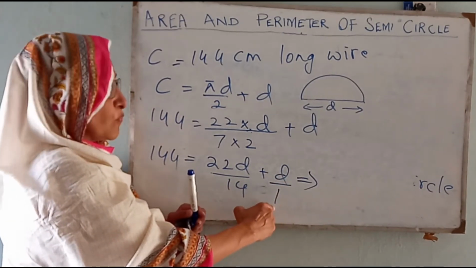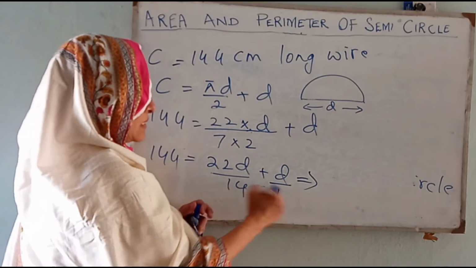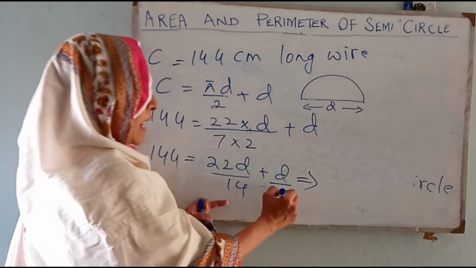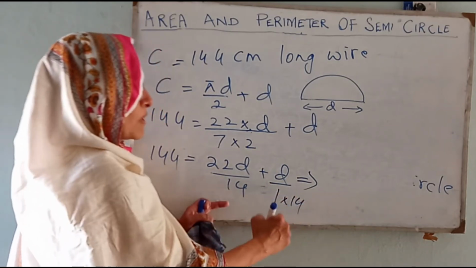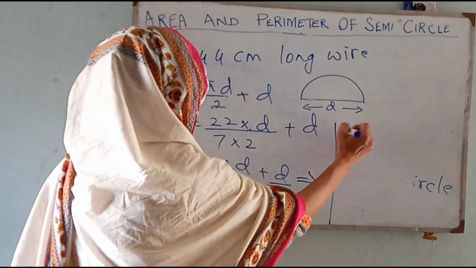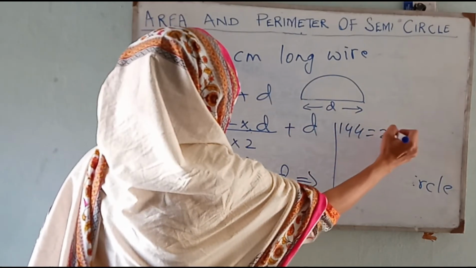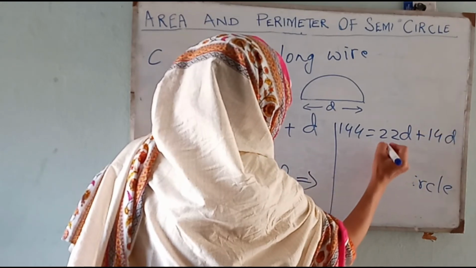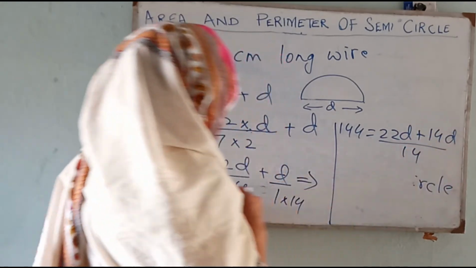So I have added 1 to make it d over 1. For 1 and 14, the LCM will be 14, and we have to multiply this by 14. This will also be multiplied with 14. So we are going to have 22d plus 14d over 14.